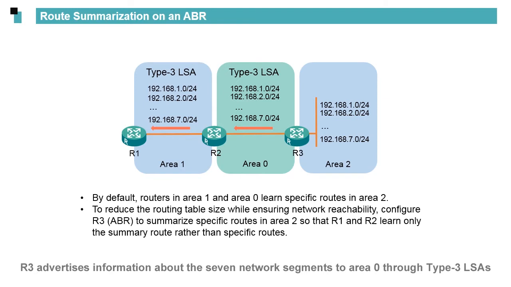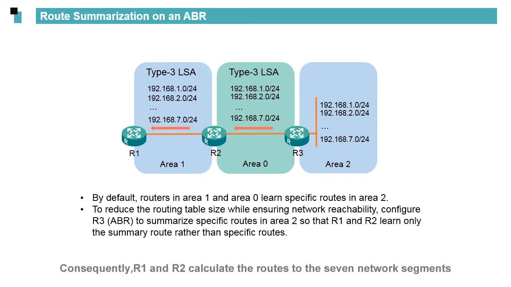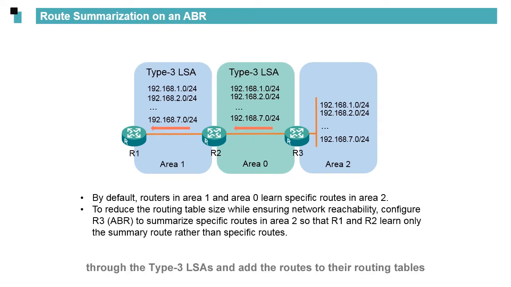R3 advertises information about the 7 network segments to Area 0 through Type 3 LSAs. Consequently, R1 and R2 calculate the routes to the 7 network segments through the Type 3 LSAs and add the routes to their routing tables.